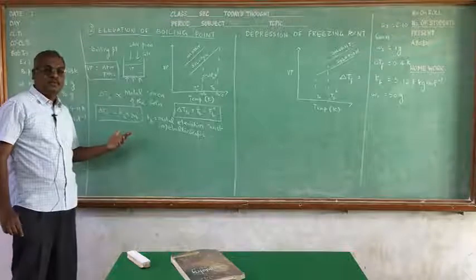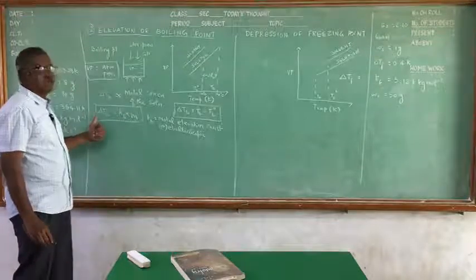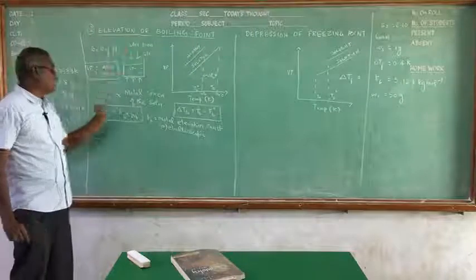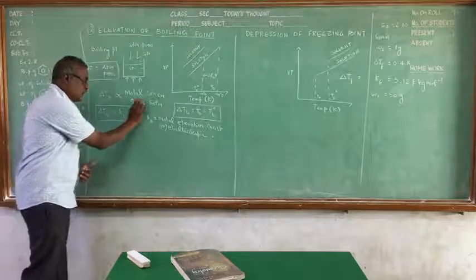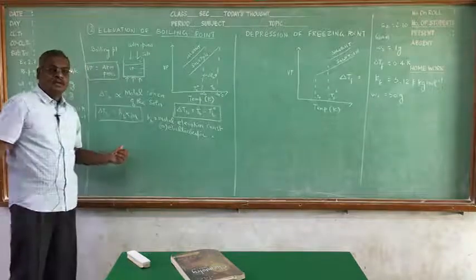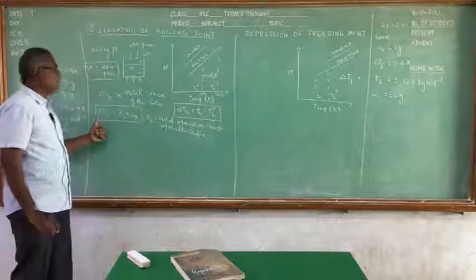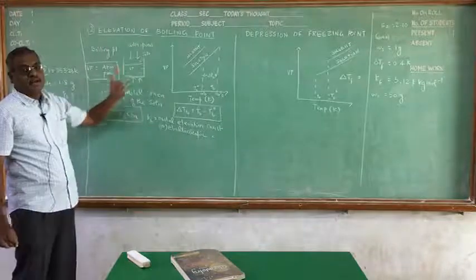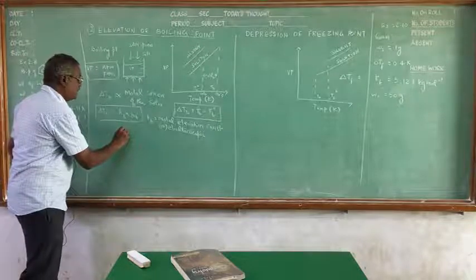How will you define the ebullioscopic constant? It is the elevation of the boiling point for a 1 molal solution. If m is 1, then Kb equals delta Tb. For a 1 molal solution, the elevation of boiling point is known as the ebullioscopic constant. Now, what is molality?